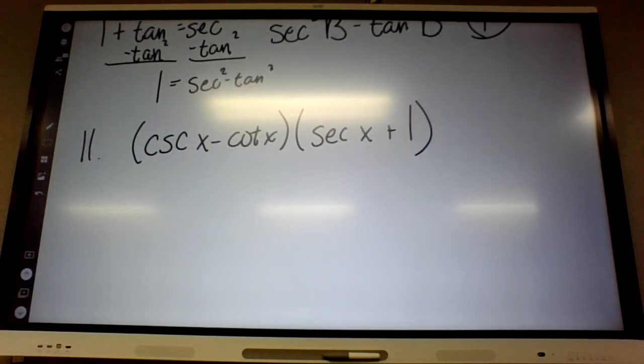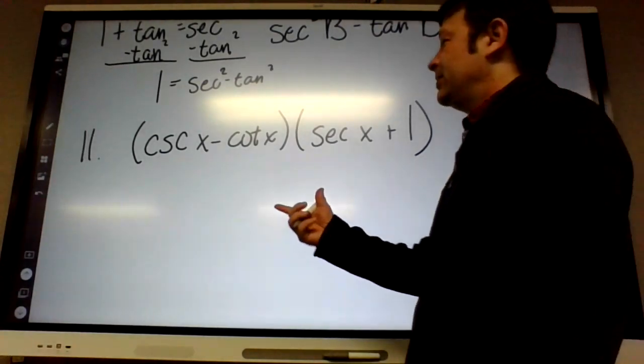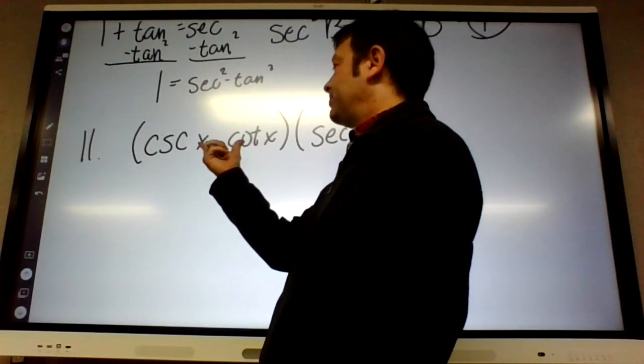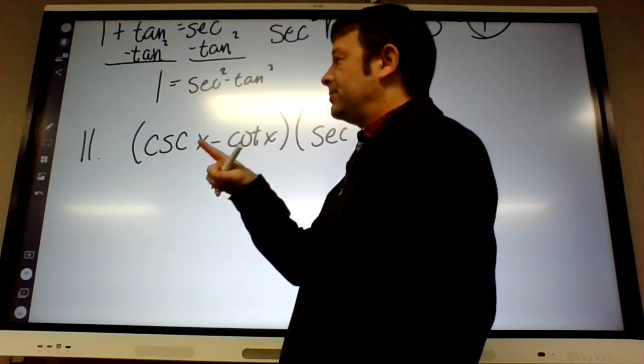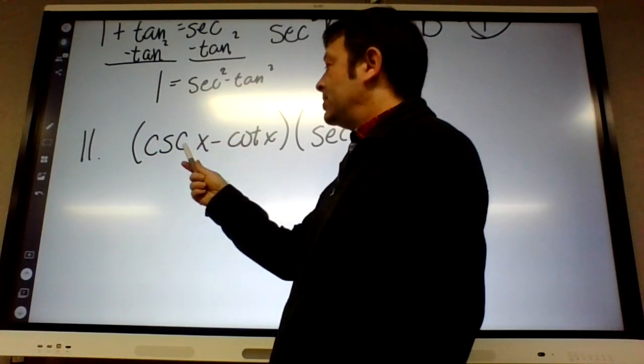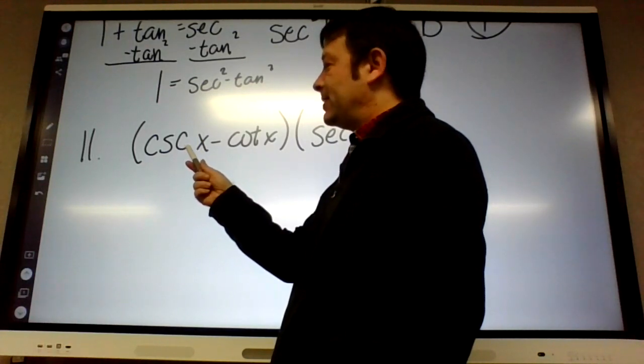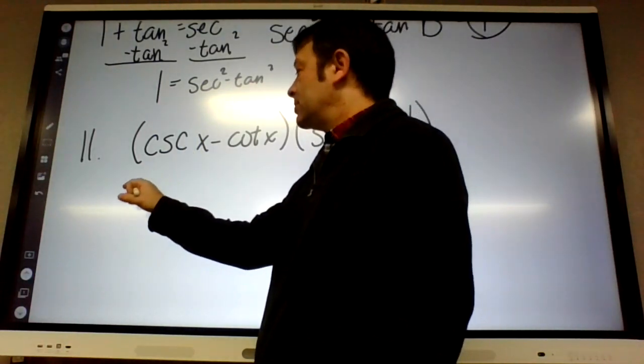I don't think that's going to be the easiest way to go. This would be a messier FOIL. So instead of trying to FOIL, I'm going to try to simplify, like put these together. I'm going to start by turning these into their alternate versions. What is cosecant the same thing as? 1 over sine.